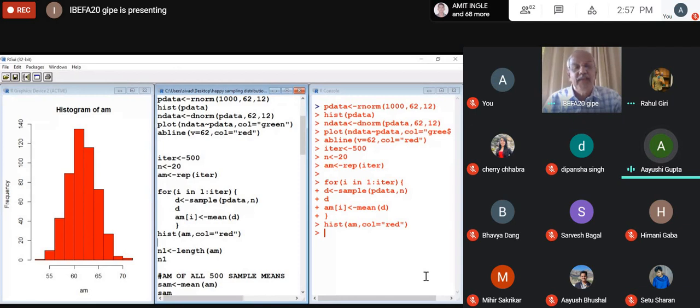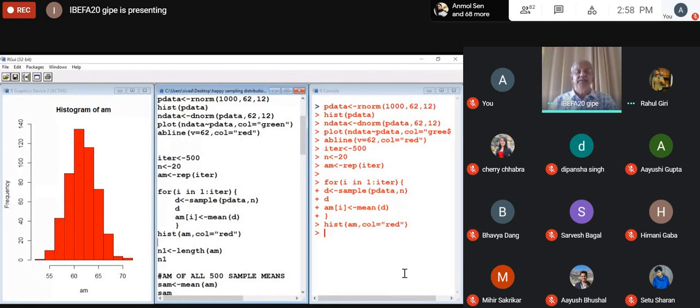I have a doubt. What is D here? D means the data, like a variable. I can type DA, I can type Y, U or W. D stands for data generated by the sample from the population data of 20 students.